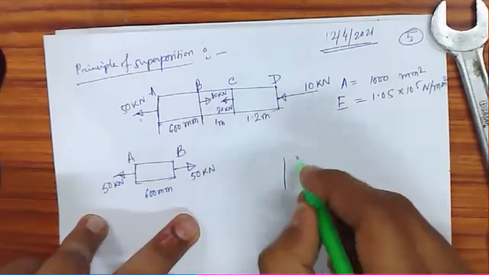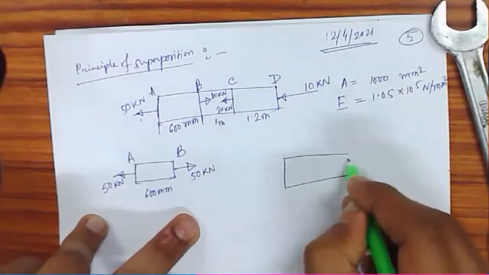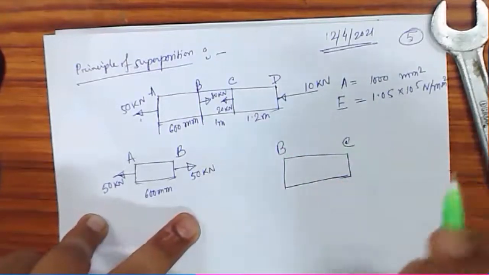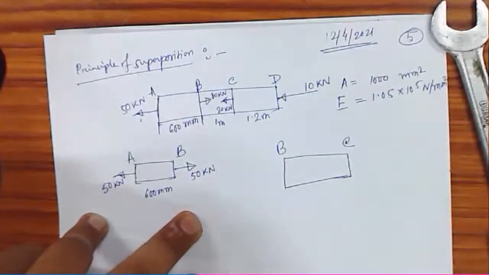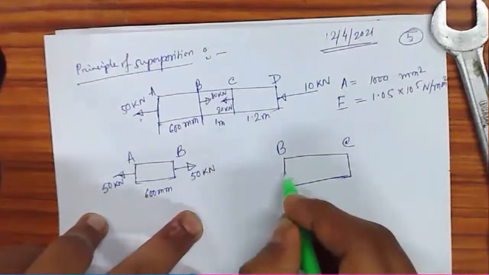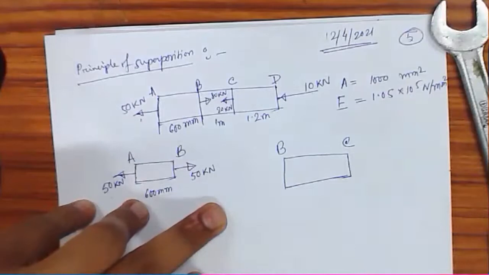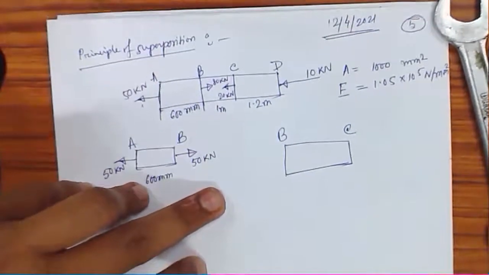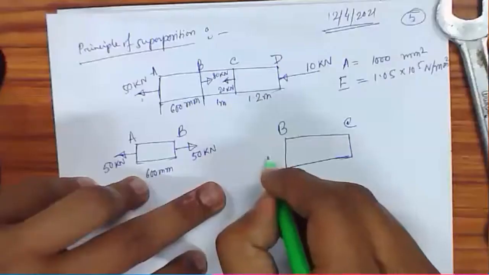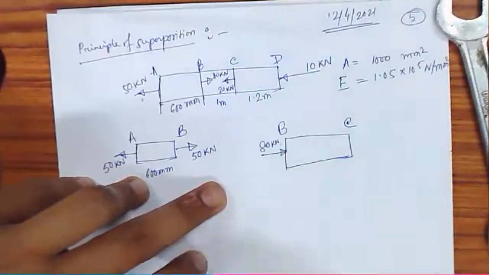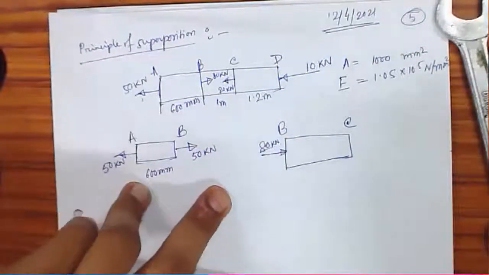Now we go to section BC. This is the most important job. Section BC. Focus very carefully. What we can see here on BC, in the cross section B, there is a resultant force of 80 kilonewton. Okay, resultant force is 80.